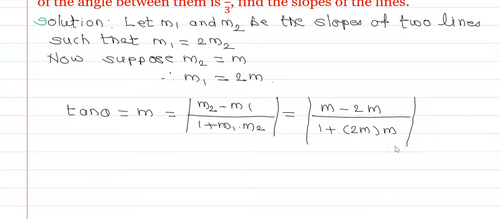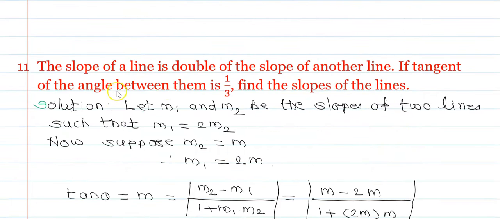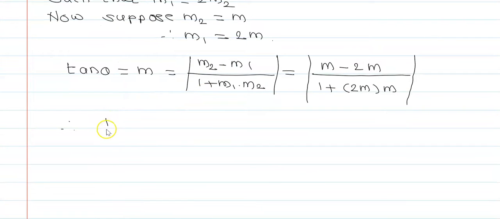Okay, therefore here, and this tan theta, that is the angle between them, is 1 by 3. Therefore we'll write here 1 by 3, and that's equals to m minus 2m. You will get here minus m, and the denominator 1 plus 2m square.